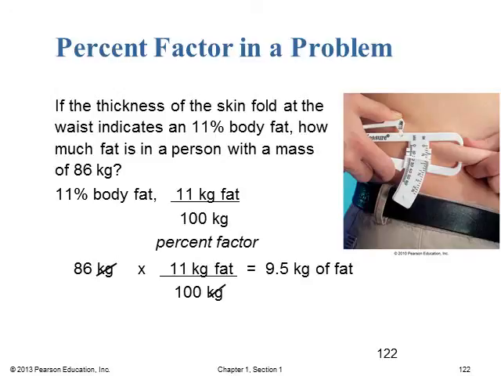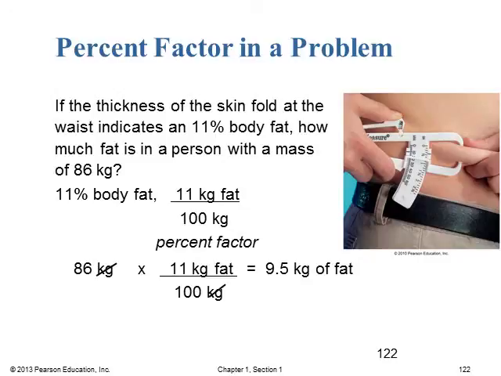So when you're using these percent factors, you can use grams over grams or kilograms over kilograms. It doesn't really matter. It's just whatever is most convenient to use. You could use milligrams over milligrams, just whatever is most convenient. So here it wants us to determine the amount of fat.